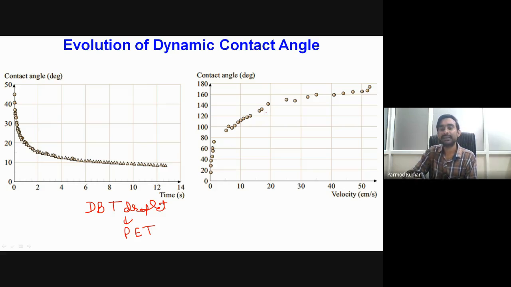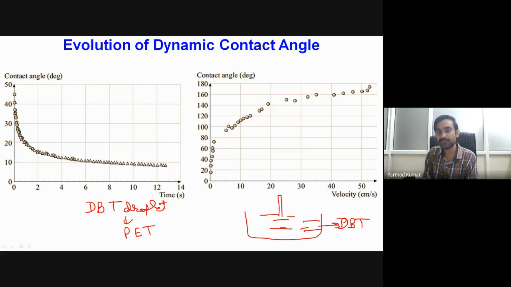Okay. Then another situation we have over here is a pool of DBT liquid, and inside this liquid we have a thin tape of PET surface, and this PET surface is being dipped inside the liquid.